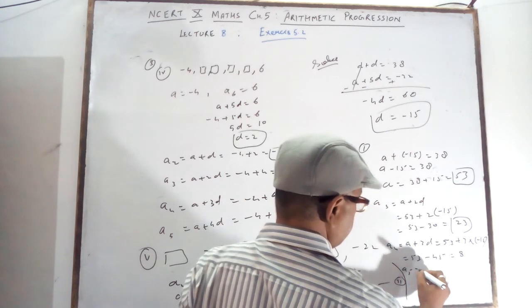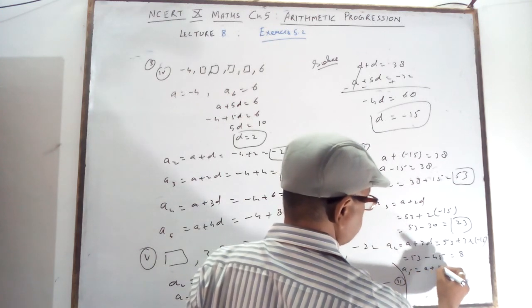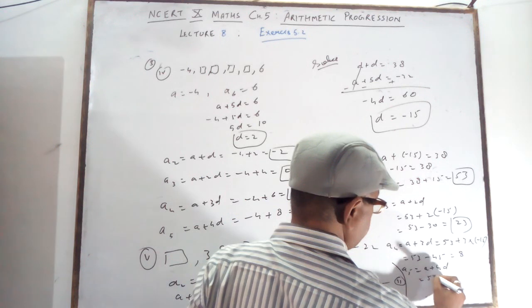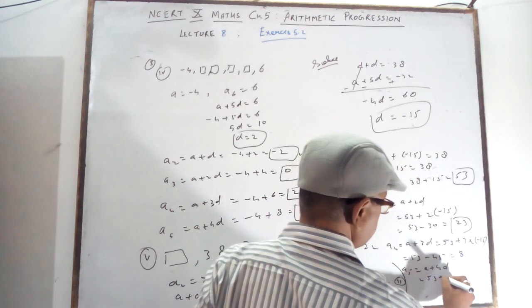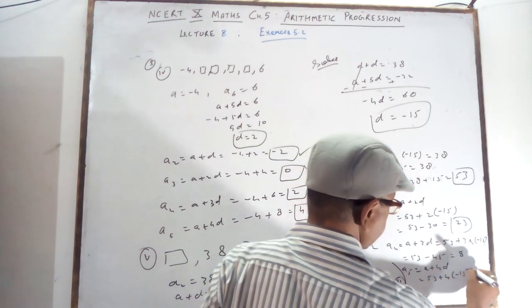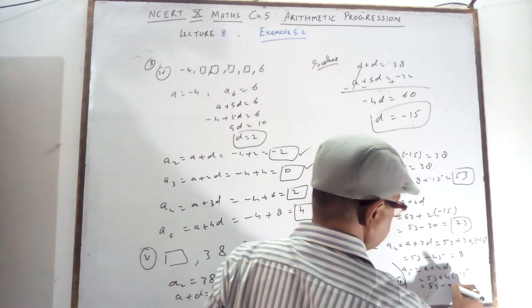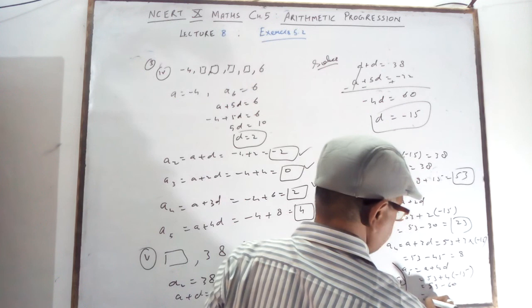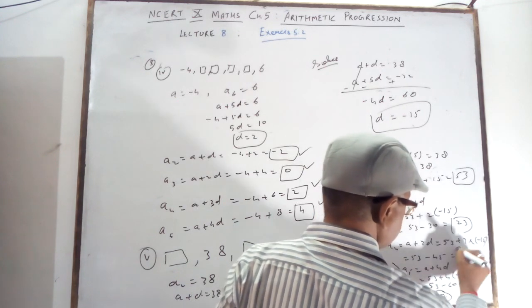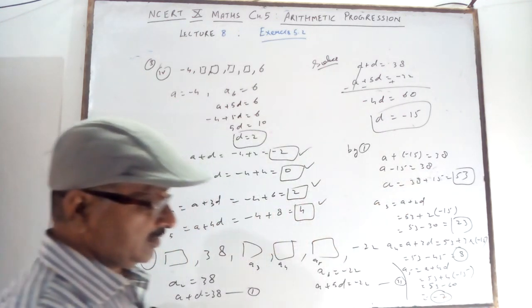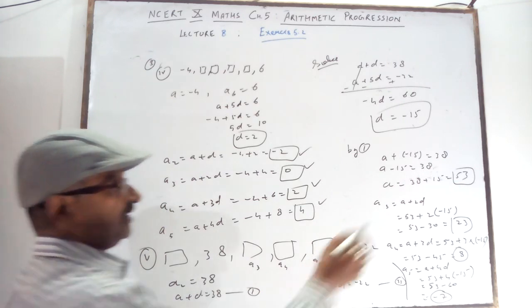A5 is equal to A plus 4D. 53 plus 4 into minus 15. 53 minus 60, minus 7 is your answer. So you are getting 53, 23, 8 and minus 7.